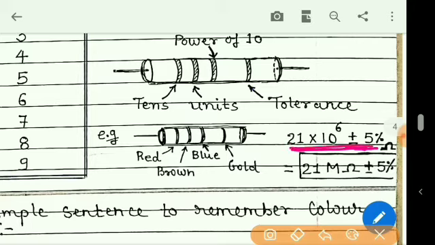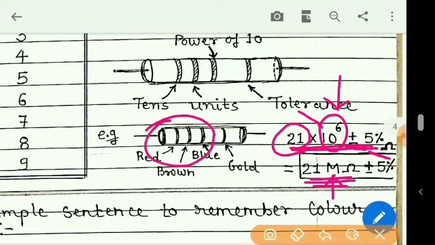So this much value in ohm is obtained. 10 to the power 6 is there. If we do not want to write in terms of power, we can write this as mega, because 10 to the power 6 is mega. So 21 mega ohm is the value of this resistor, and it has a tolerance of plus or minus 5%.